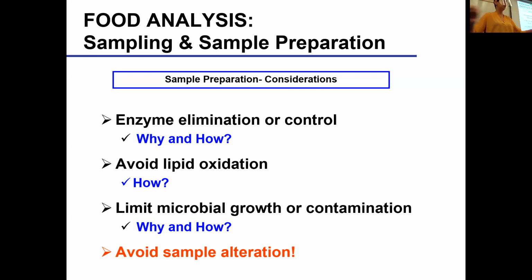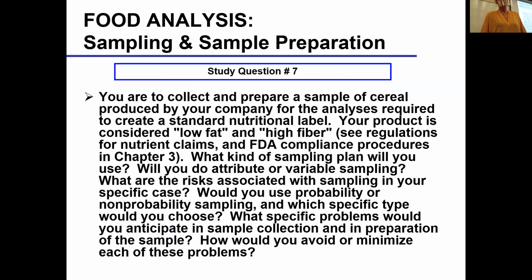Then she can do the analysis on all of them. Whatever she needs to do, she makes sure she doesn't alter the sample until time of analysis. That's very important.